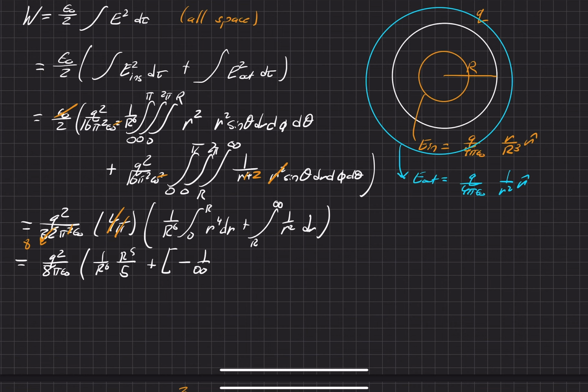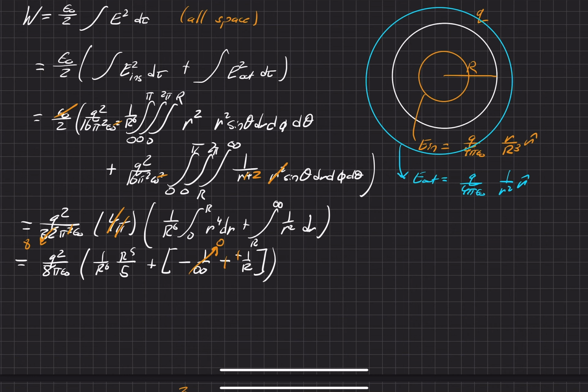And then we also have a plus, so it's minus and negative 1 over r for that limit. And of course, we have a negative 1 over infinity, so that ends up going to 0. And this ends up being a plus sign right here, so I'll make that a plus sign.